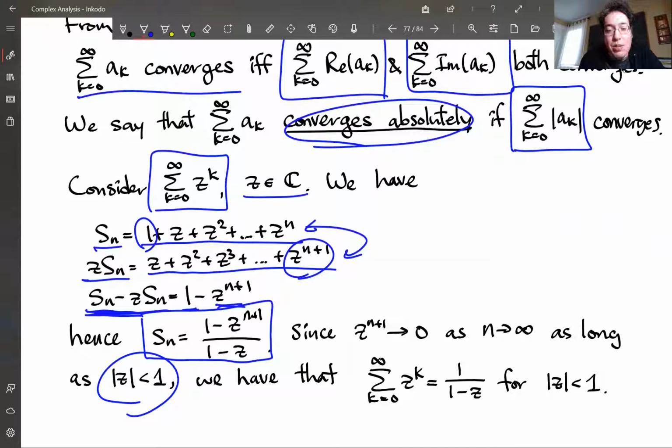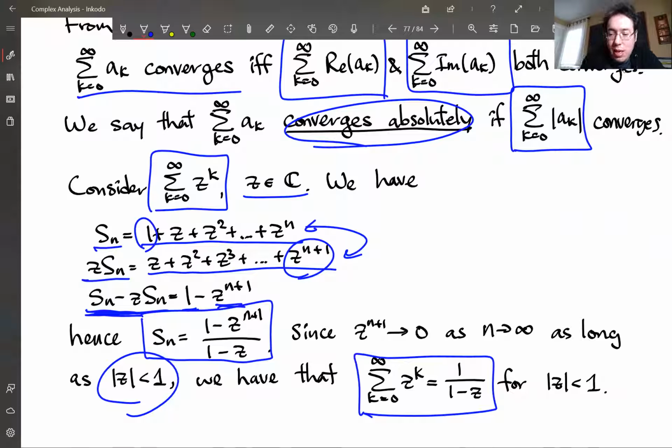If it's strictly larger than 1, then the numerator will blow up and this will not have a limit. But in the case that it does converge, when the modulus of z is less than 1, then this is what we have for the limit. The z to the n plus 1 will just go to 0, and we're left with 1 over 1 minus z.